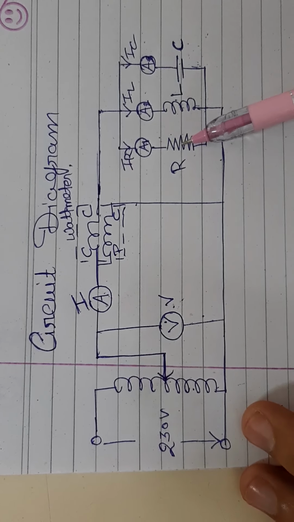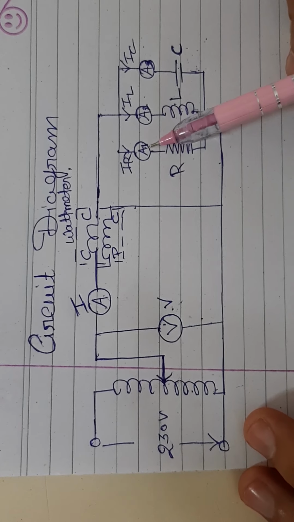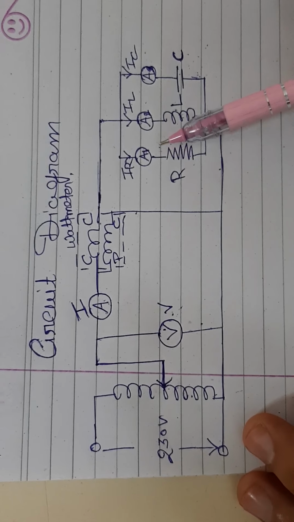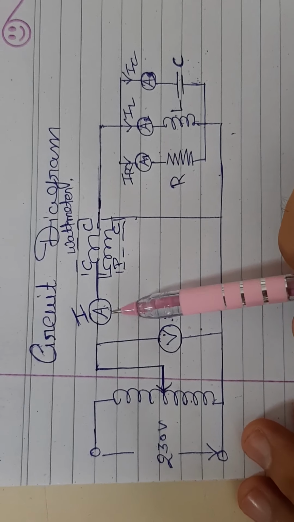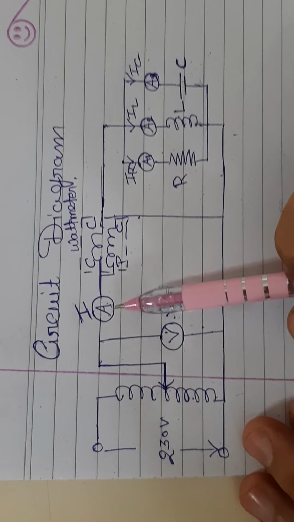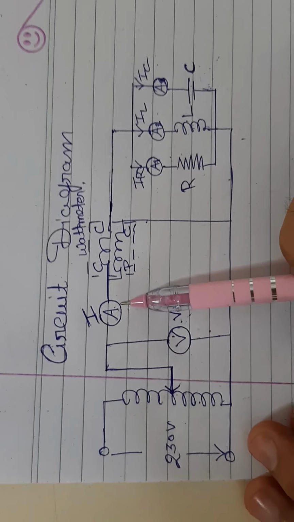Here we have used the value of resistance in the limited mode. So the ammeters connected in the branches are in the range of 0 to 10 ampere, and the ammeter connected at the starting, which measures the total current, has a range of 0 to 30 ampere.